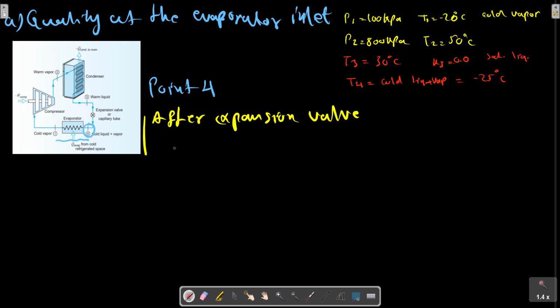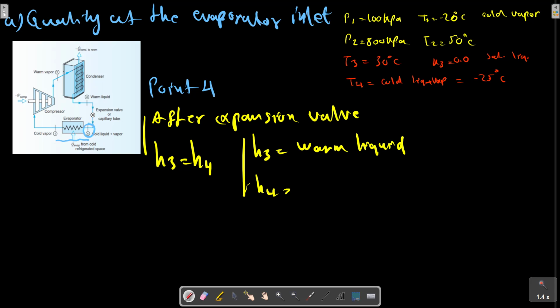The expansion valve has the relation H3 equals H4. H3 is a warm liquid and H4 is a two-phase.